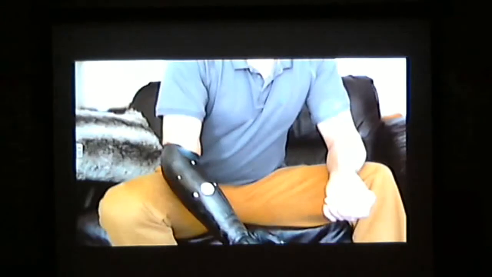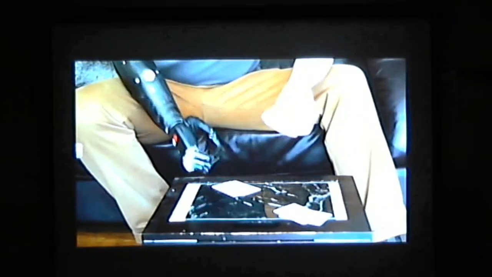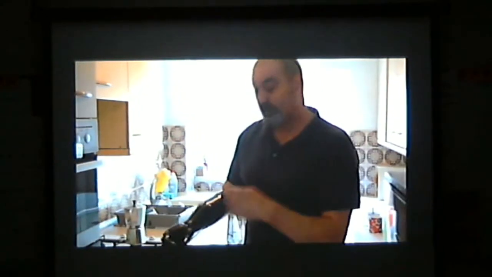And just little things that you would normally take for granted. The simple act of dealing cards out, for example. There's something that I can do. So, when I'm going to make a cup of coffee, my jug's in this cup. And there's little things. The wrist doesn't flex, but it rotates.